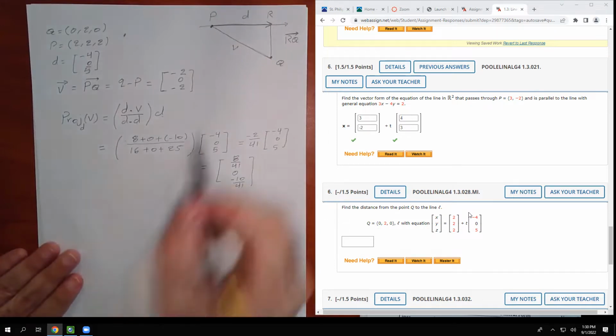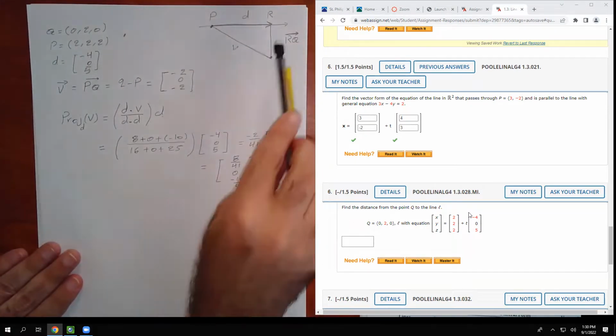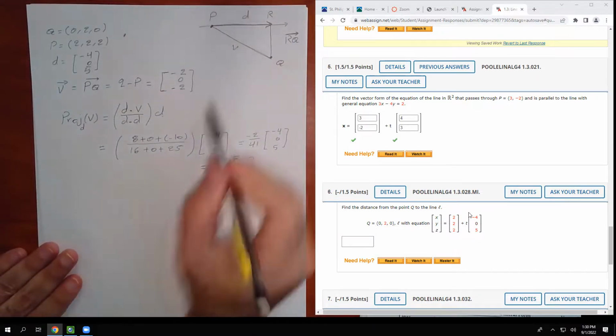Then we need to find the RQ. We project this one here. Now you need to find RQ, which is the distance here.